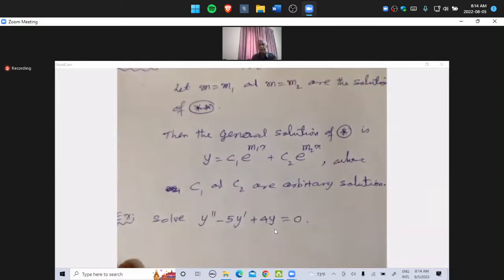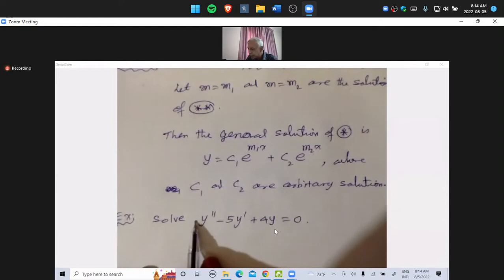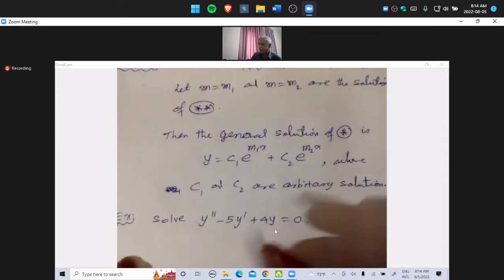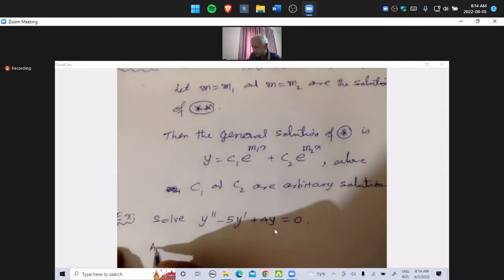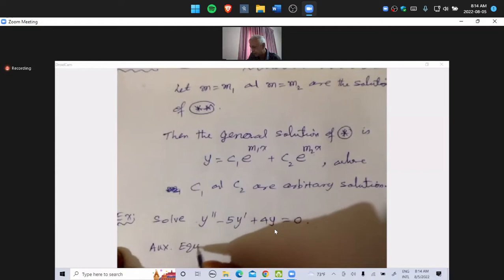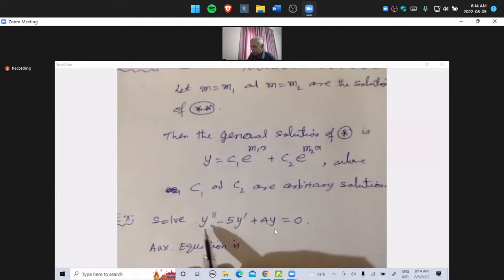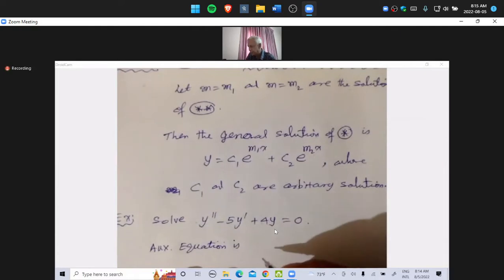How do you solve this second order linear differential equation with constant coefficients? What is a, b, and c here? a is 1, b is minus 5, c is 4. Okay, how do you solve? So we have to write down the auxiliary equation. How do you write the auxiliary equation? Instead of y double dash, we write m squared.